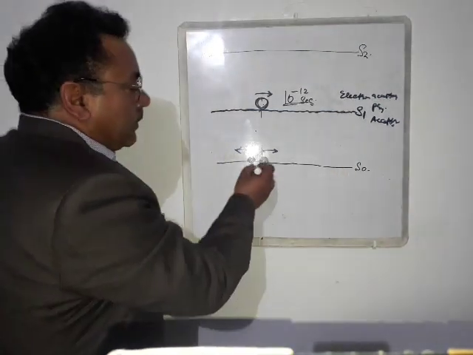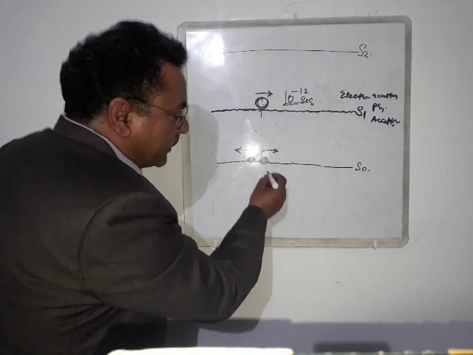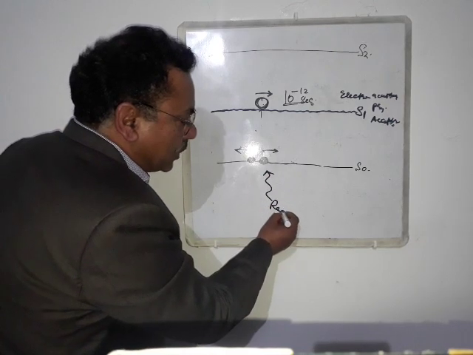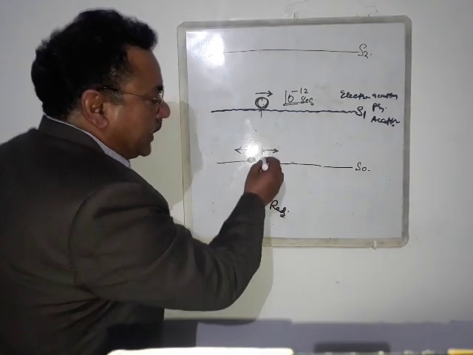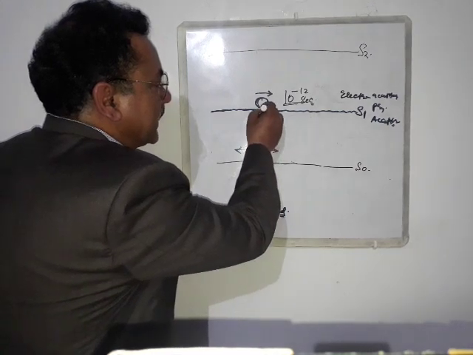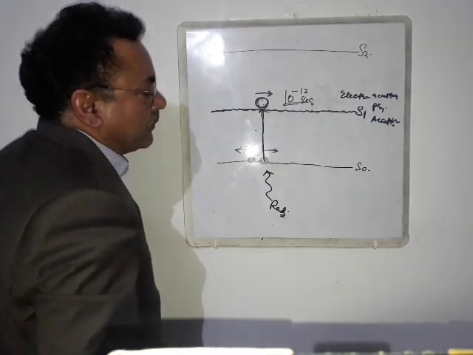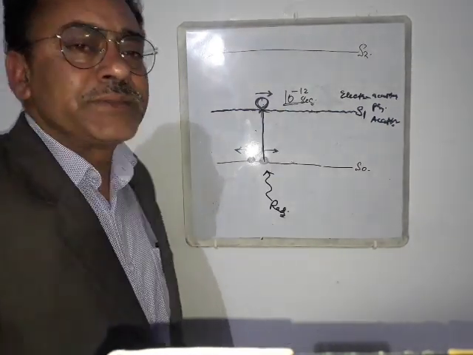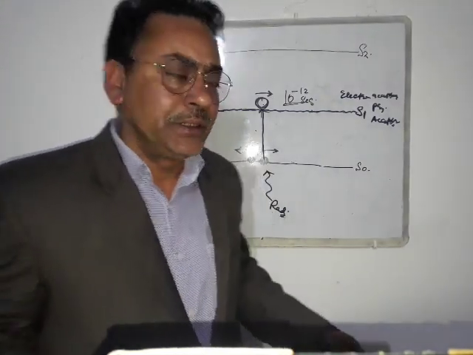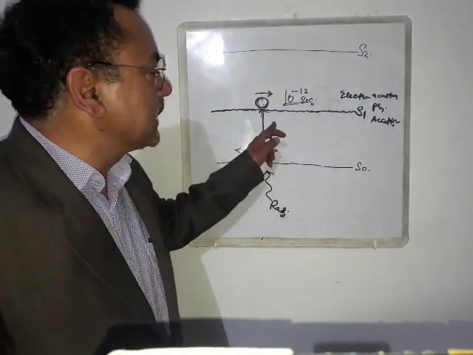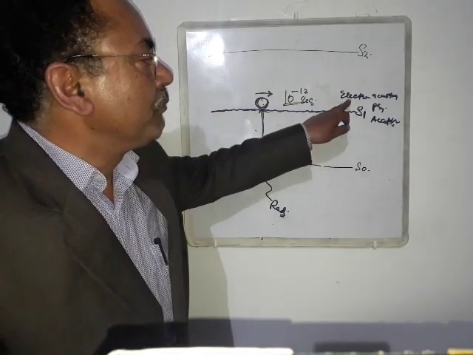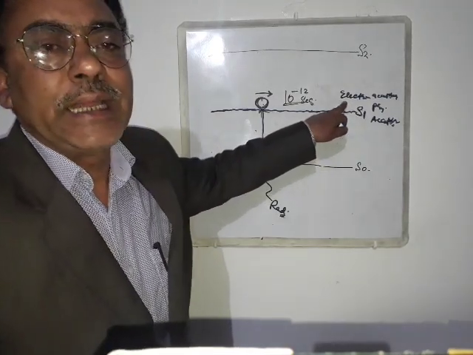Okay, so if red photon is absorbed, it directly excites the electron to S1 without any heat loss, without any wastage of energy. The red photon promotes the electron to S1 where electron acceptor can accept it.